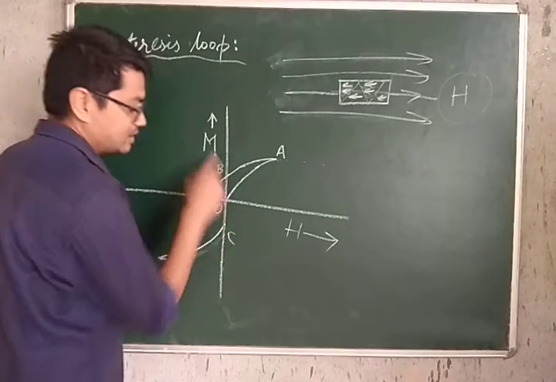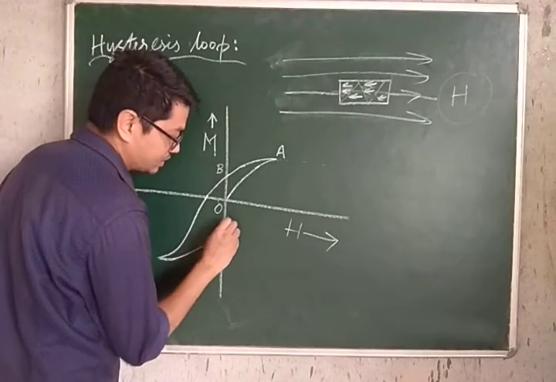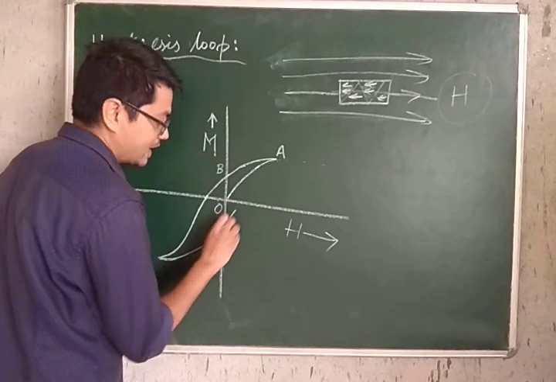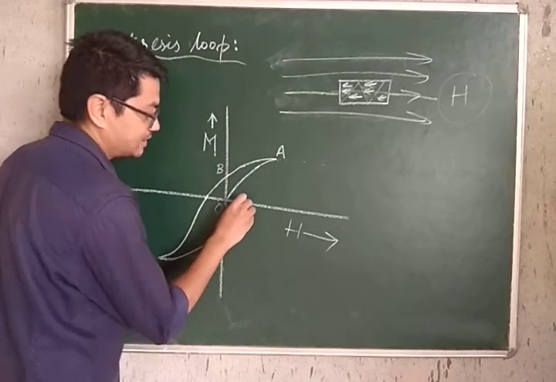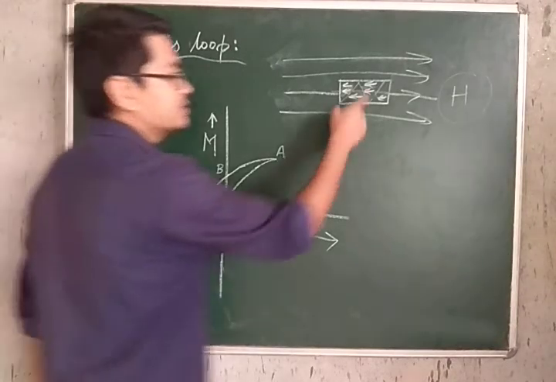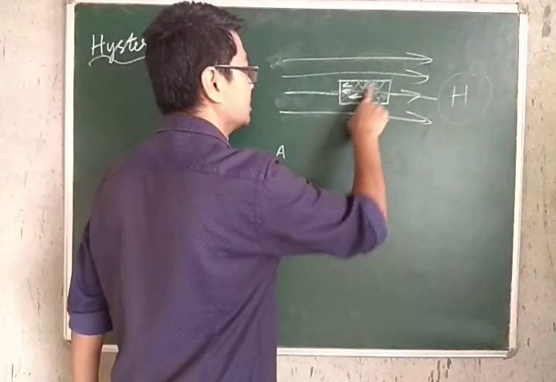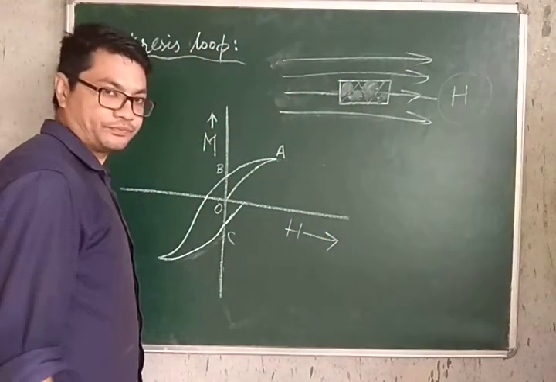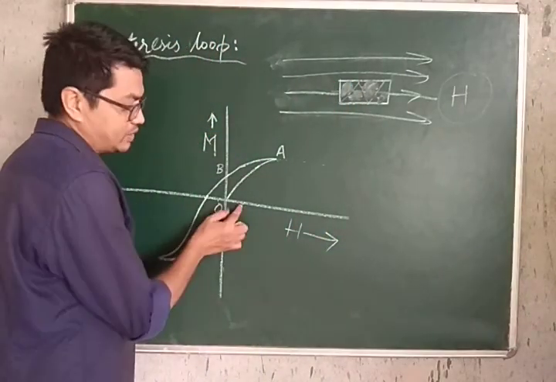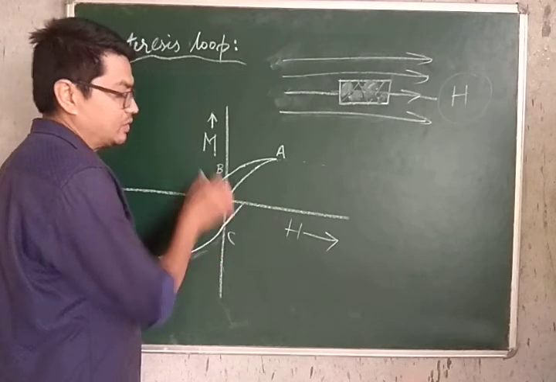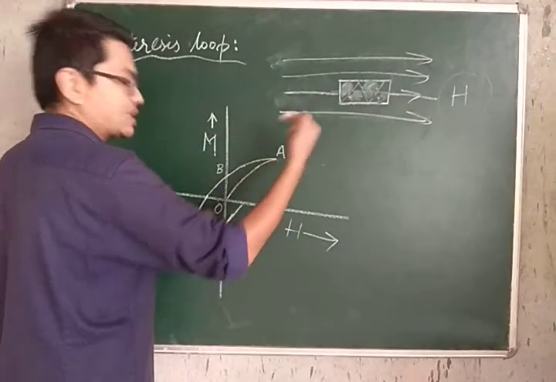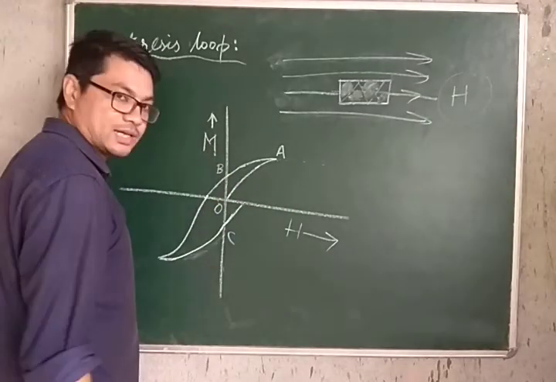With that increase, the intensity of magnetization goes on decreasing, and at a certain value of H, the ferromagnetic substance gives away all of its magnetic behavior. Okay, so here it loses all of its magnetic behavior. Whatever number of dipoles were aligned in the direction of the magnetic field, you lose that.